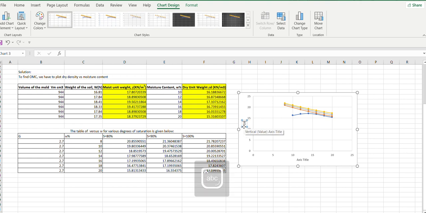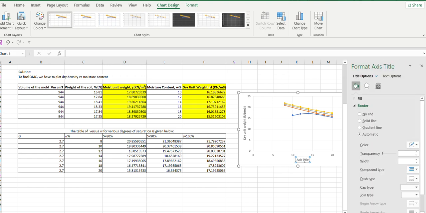It's the dry unit weight or dry density, kilonewton per meter cube. Moisture content.